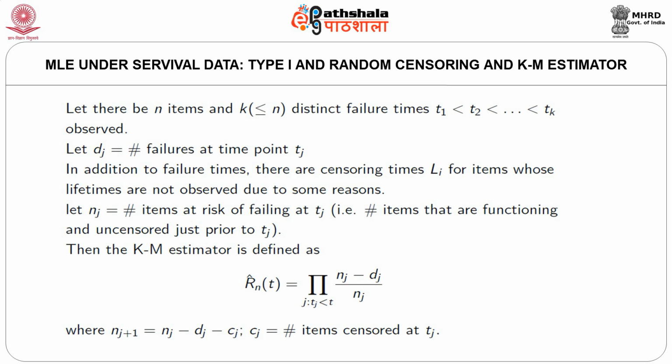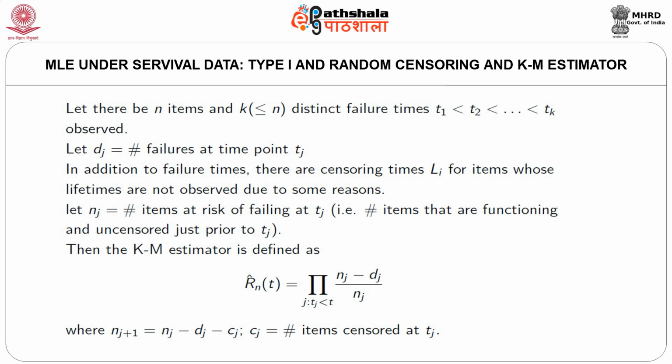In addition to the failure times, there are censoring times capital Li for items whose lifetimes are not observed due to some reasons. Let capital Nj denote the number of items at risk of failing at the time point tj, that is the number of items that are functioning and uncensored just prior to the time point tj.